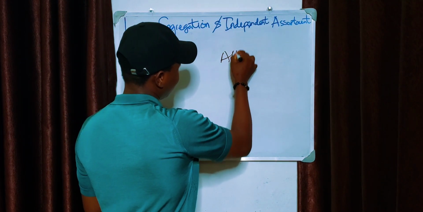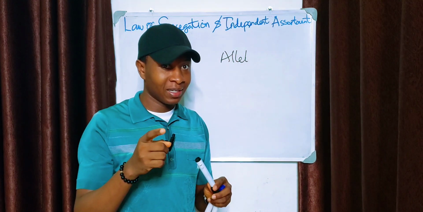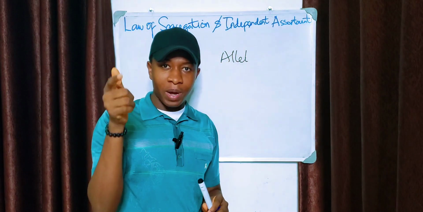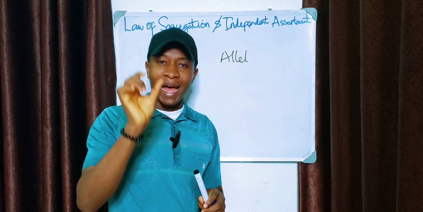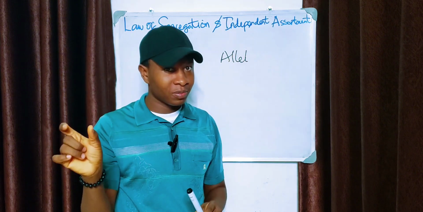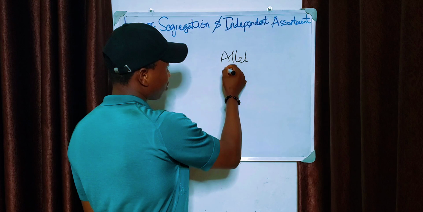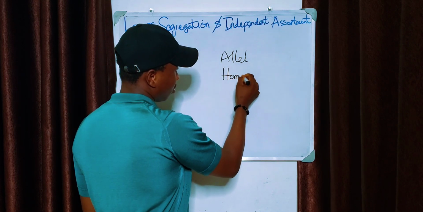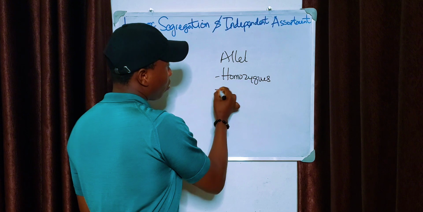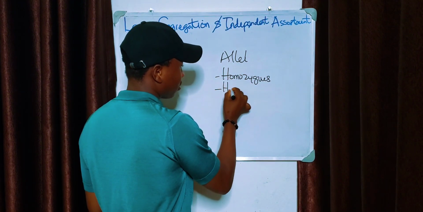Now, the members of the pair can be identical or unidentical. When they are identical, they are called homozygous. When they are unidentical, they are called heterozygous.